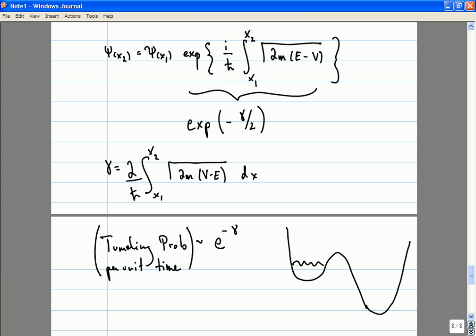So, for example, one could make a more refined estimate by, if you just want to do a sort of back-of-the-hand estimate, calculating the amount of time it takes for the particle to start at one side, for example, at the turning point, get to the other side of the potential, and bounce back again, sort of go along that trajectory. And then that, in fact, would give you something with the correct dimensions, which you would multiply by this exponential in order to get the appropriate tunneling rate per unit time.